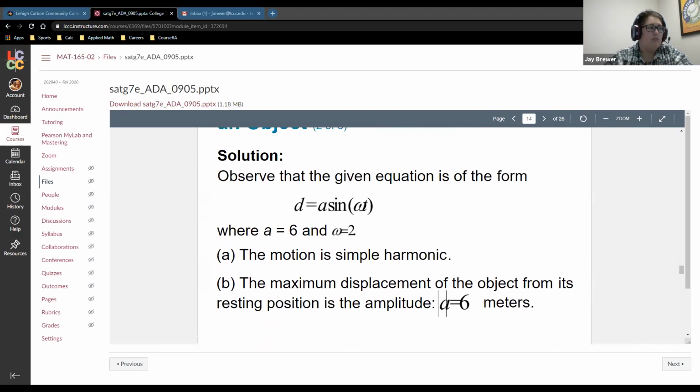So before we go looking at the solutions, what can you guys tell me about the equation itself? What can you pull out of it?